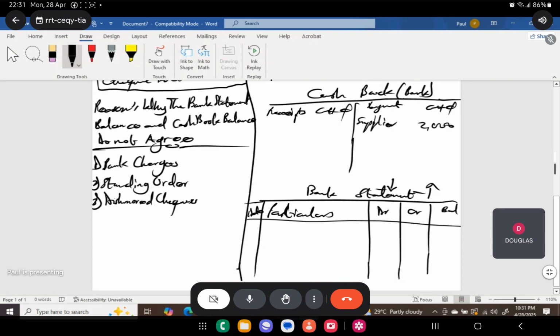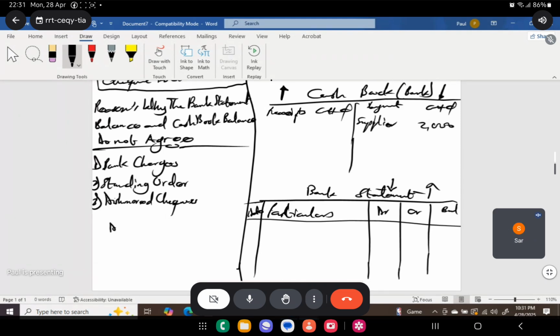In accounting, we increase asset balances with debits and decrease them with credits. Credit the giver and debit the receiver. So if you are receiving cash, it means cash is increasing, isn't it?